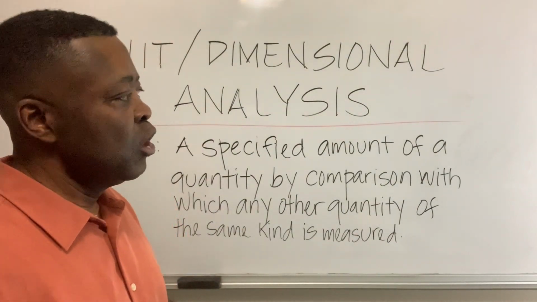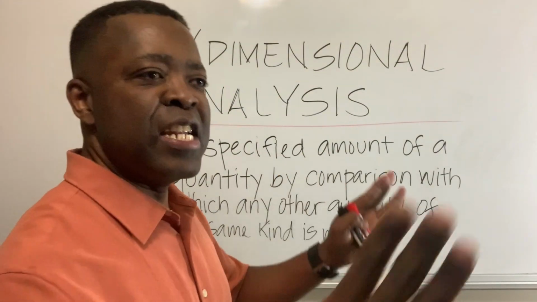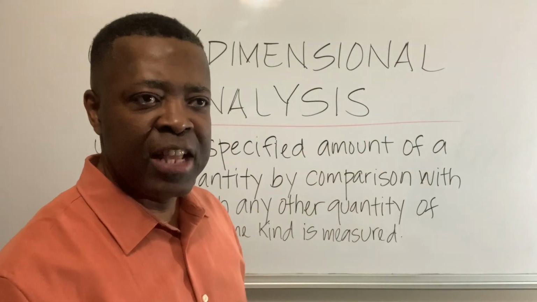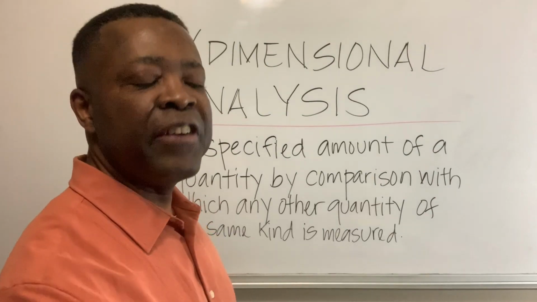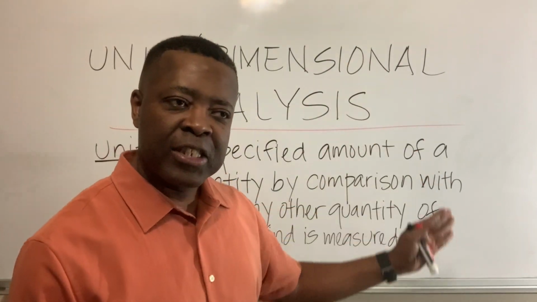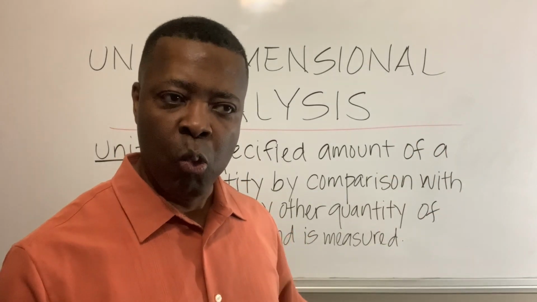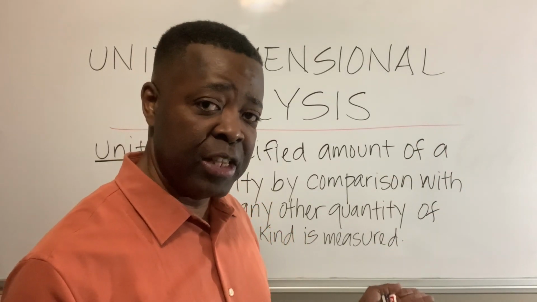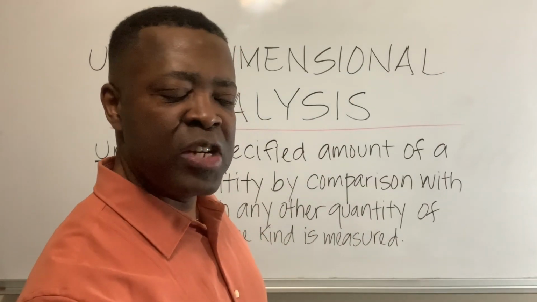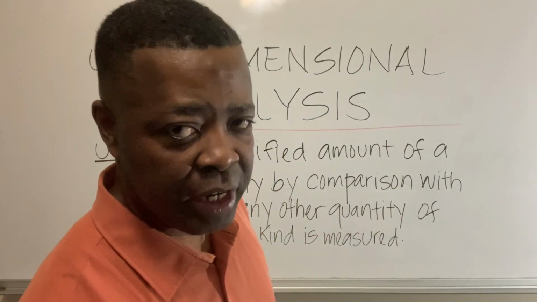What we're going to do is be given units, and we are asked in the end to find maybe a different kind of unit. We're going to proceed, cancel the units we don't need in our answer, and finally get to the answer, the unit they ask me to find.